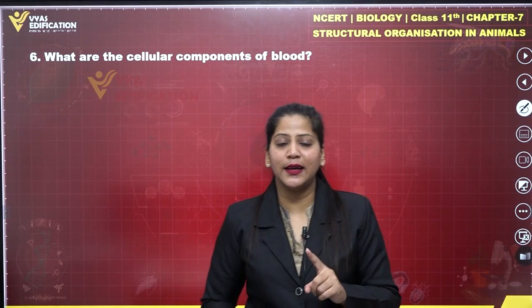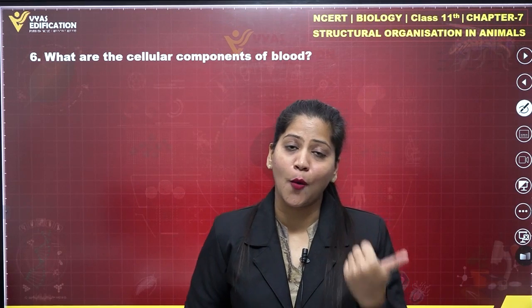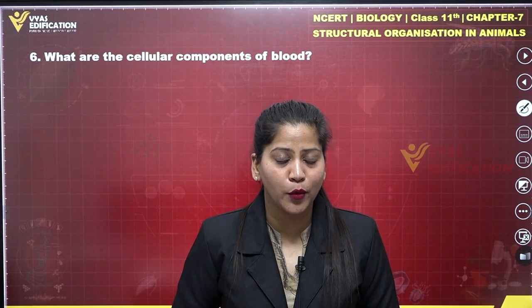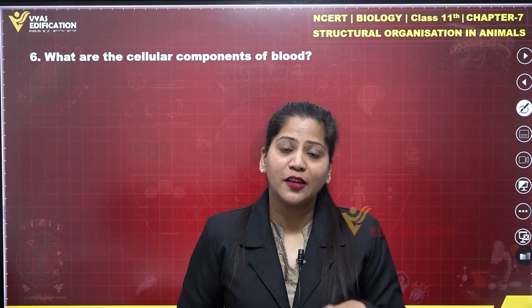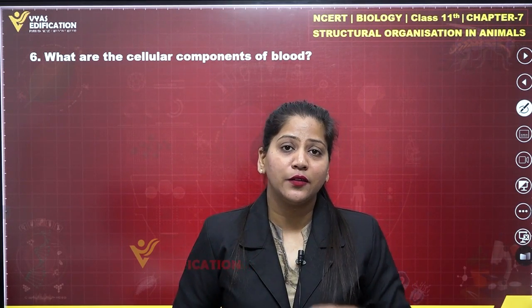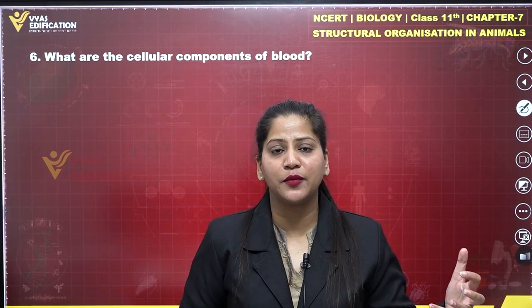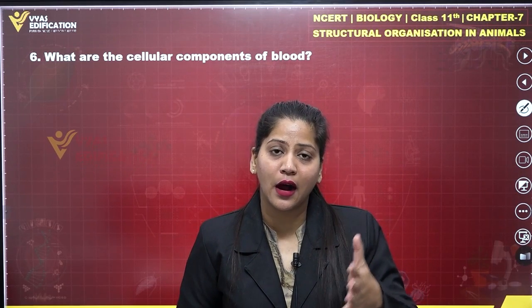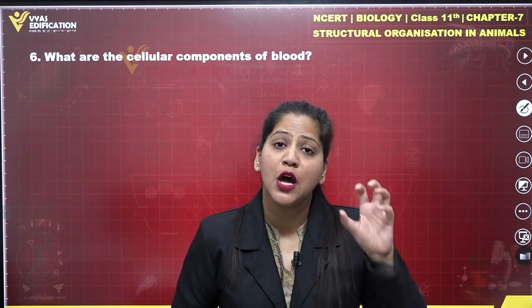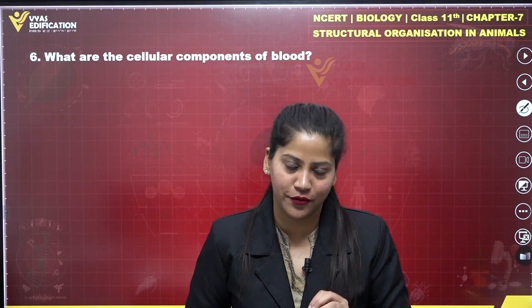So first of all, blood is a connective tissue. It is made up of erythrocytes, leukocytes, thrombocytes and plasma. Plasma contributes about 55%, and the erythrocytes, leukocytes and thrombocytes are the different types of cells suspended in the fluid portion called plasma, which contributes around 45%, right?